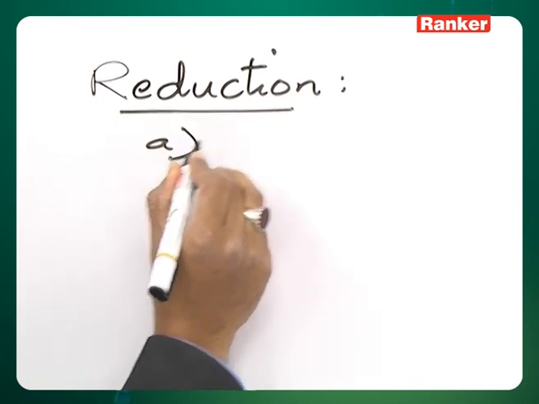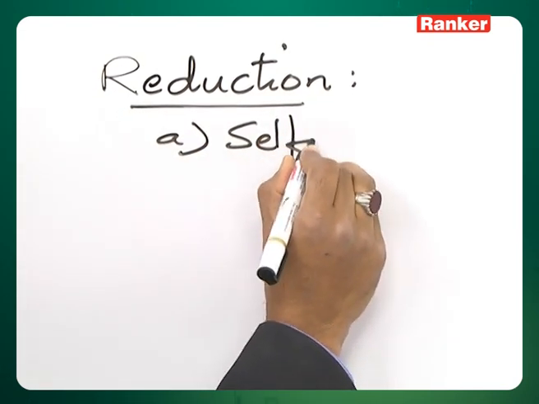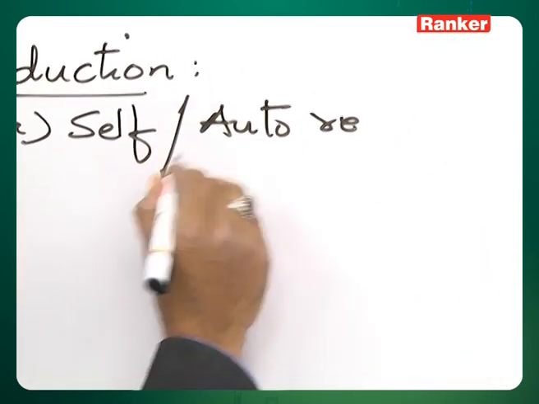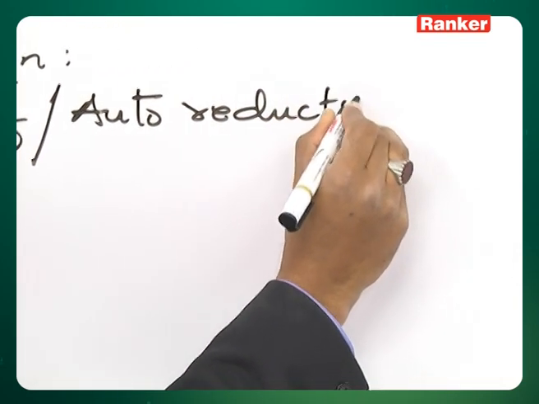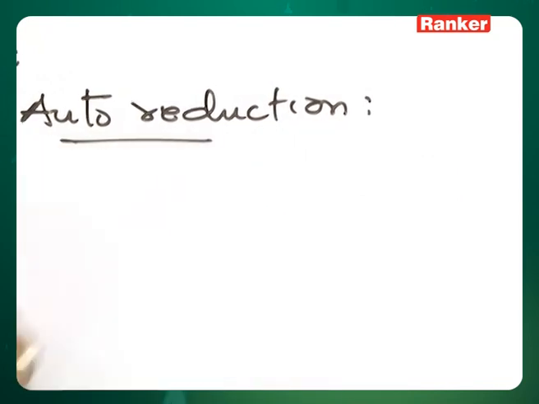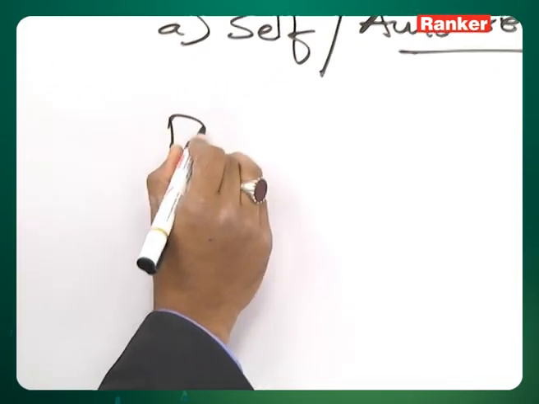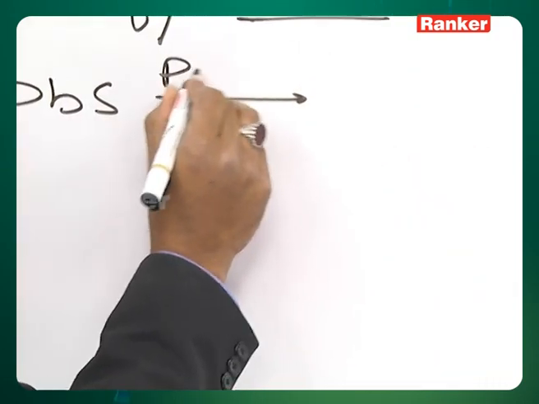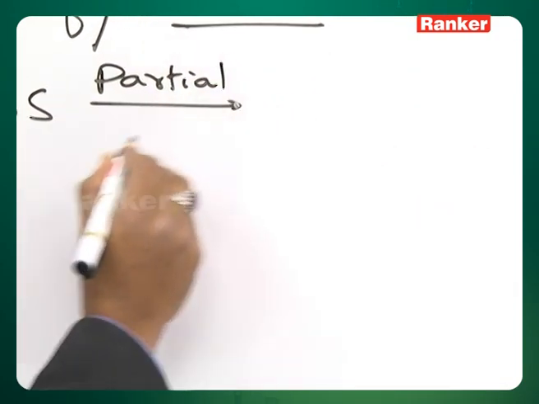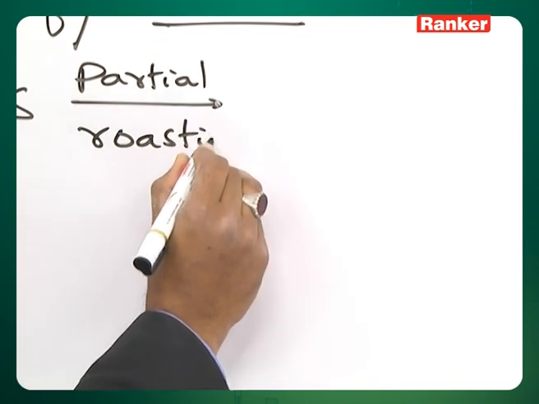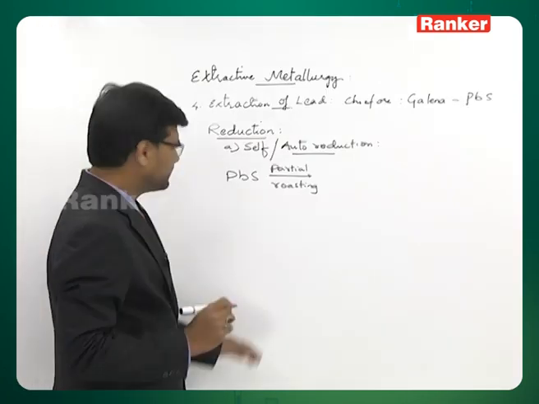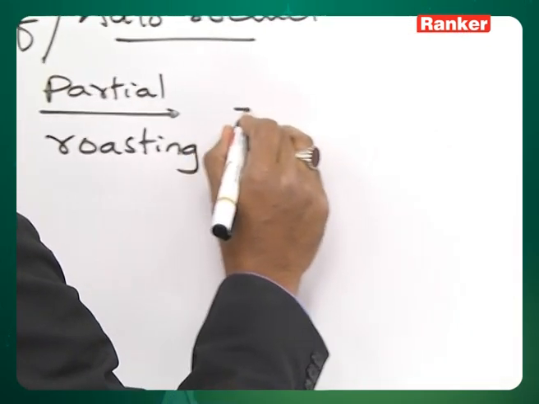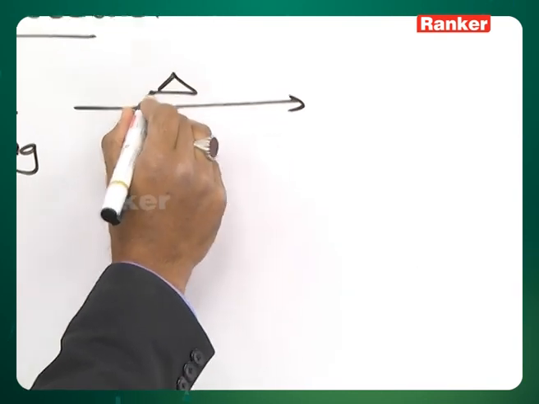First, I'll talk about self reduction, auto reduction or self reduction. Here what we do is we start with this PbS, concentrated ore. We do partial roasting so that part of it gets transformed to PbO. After this, we do heating.